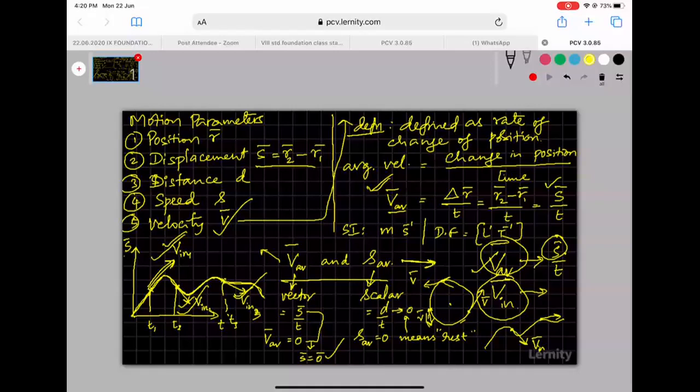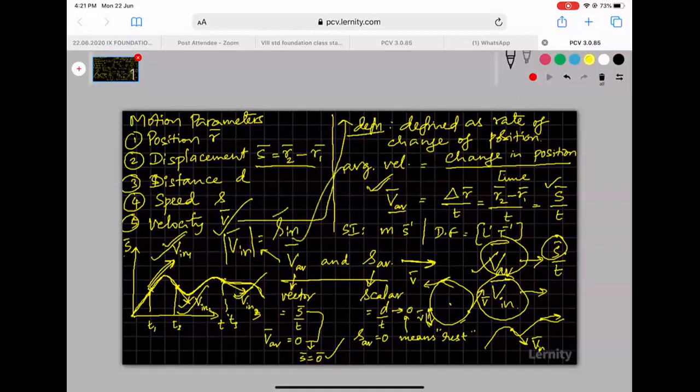What about the converse? If the velocity is said to be constant throughout a time interval, does it mean the object's speed is also constant throughout the time interval? Yes, because speed is just a part of velocity. Speed is basically the magnitude of velocity instantaneously, not average. The magnitude of instantaneous velocity is nothing but instantaneous speed.